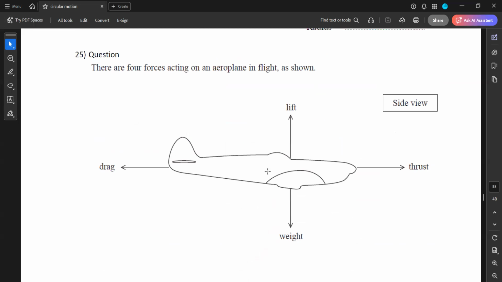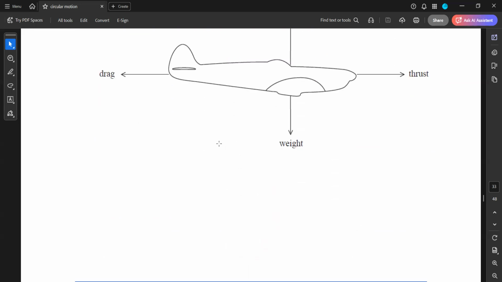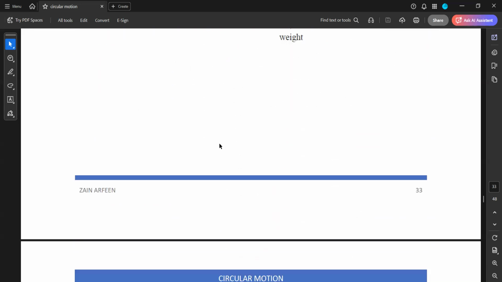You can see the weight, which is acting downward, the thrust of the engine, which is acting towards the right or the forward direction, the lift, which is acting upward, and a drag acting to oppose the motion.